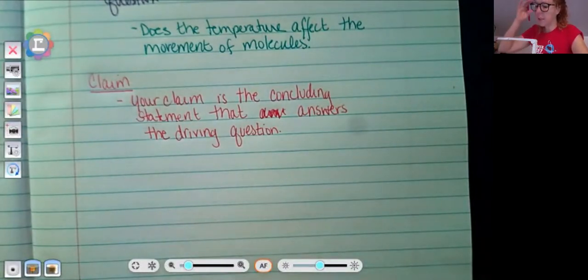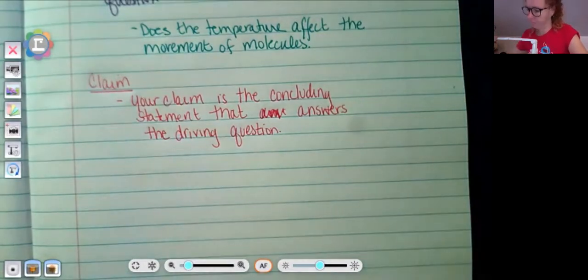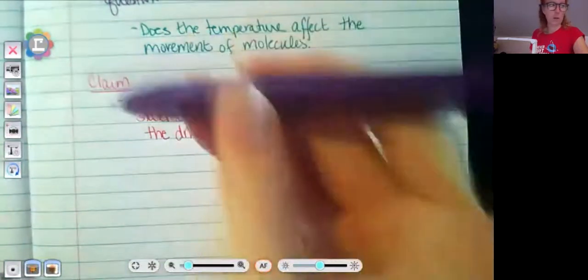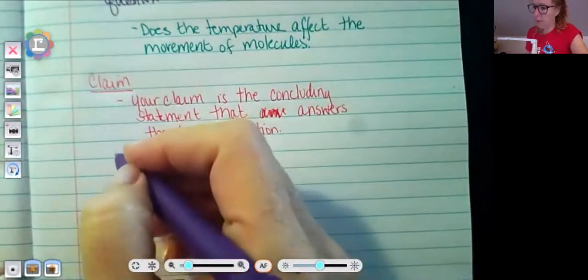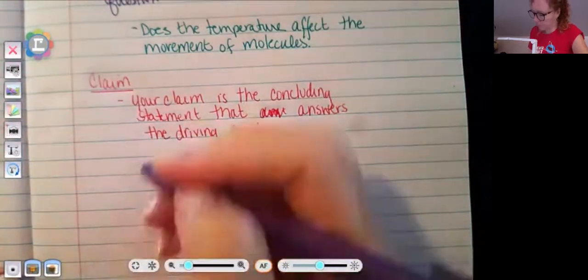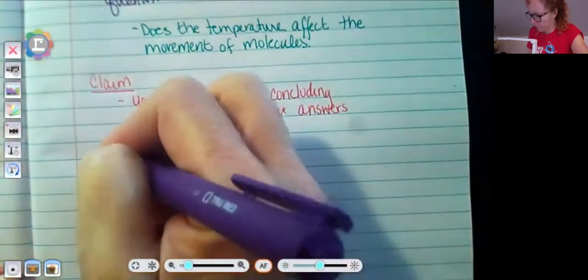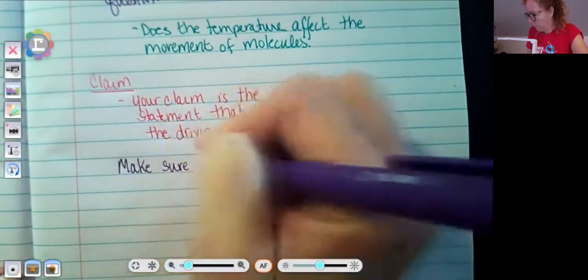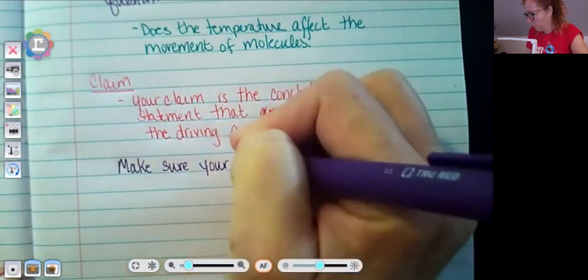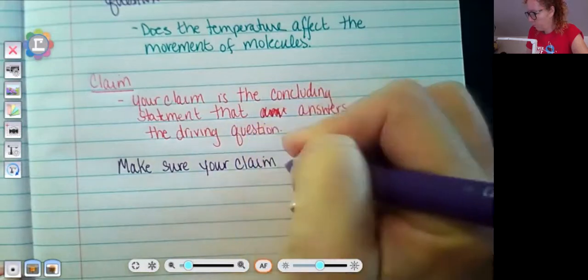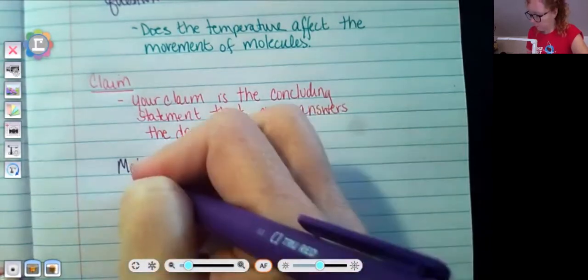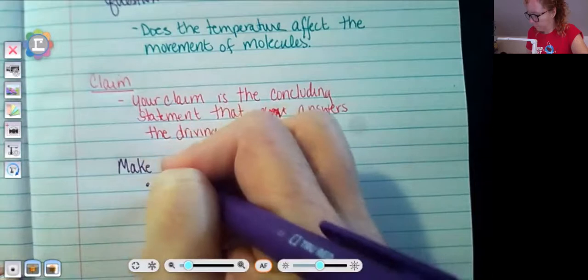So when writing the claim, because this is about writing, these are some things you want to think about. Make sure your claim only answers the question.